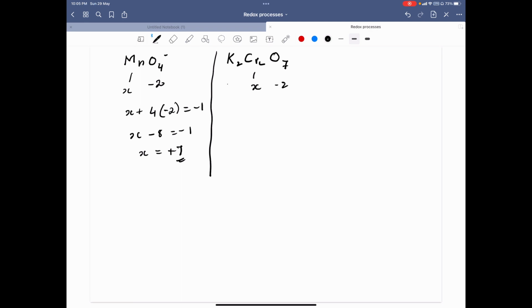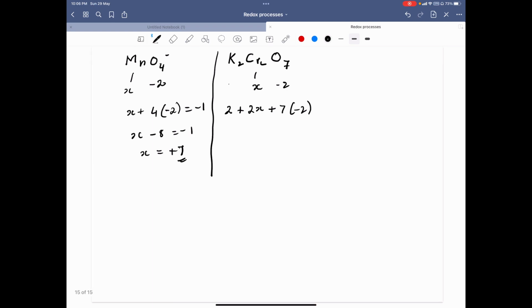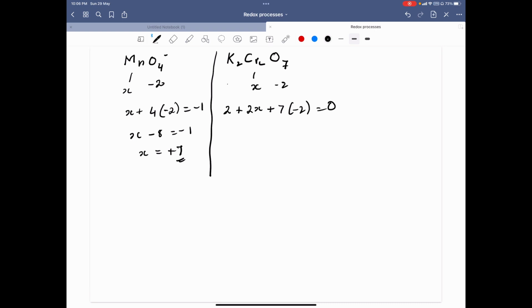So overall, there are 2 potassium, so we can write 2 plus 2x, because there are 2 chromium, plus 7 oxygen times minus 2. Overall charge will equal 0. So 2 plus 2x minus 14 equals 0, or 2x equals 12, or x equals 12 by 2, or x equals plus 6.